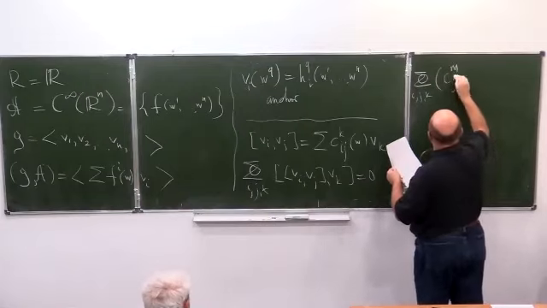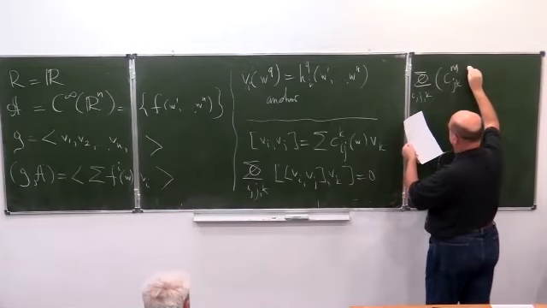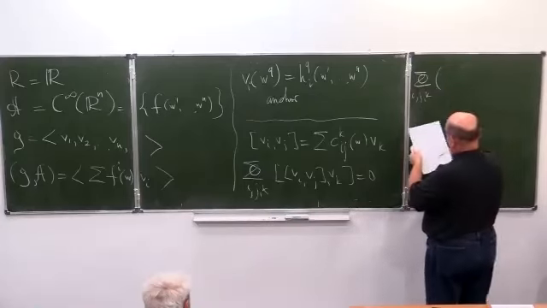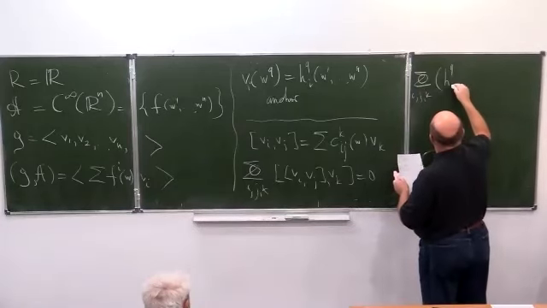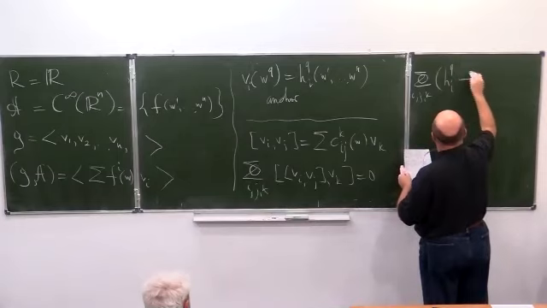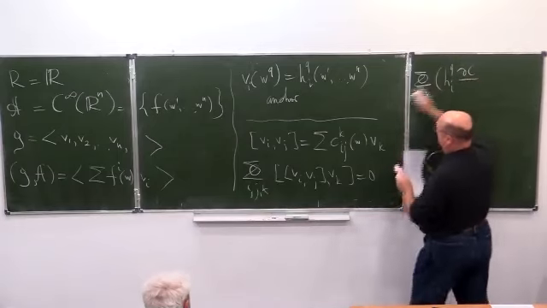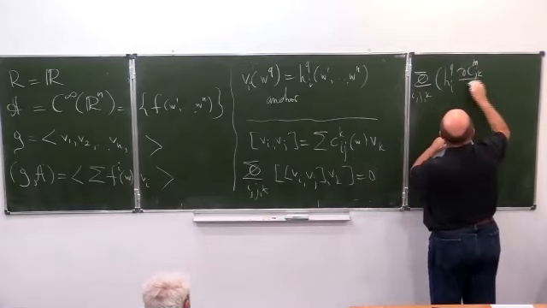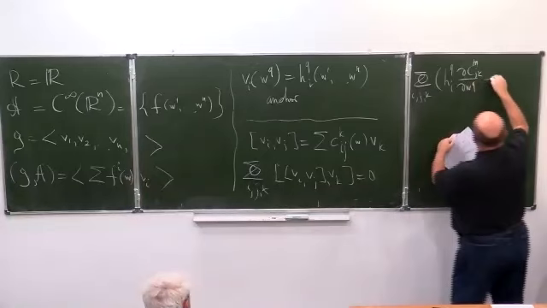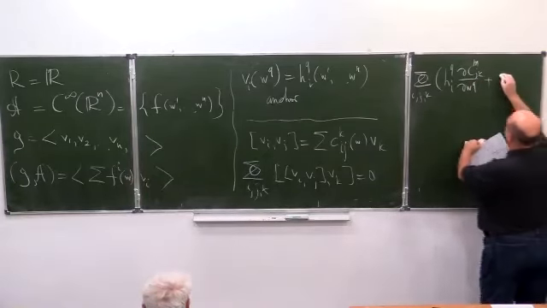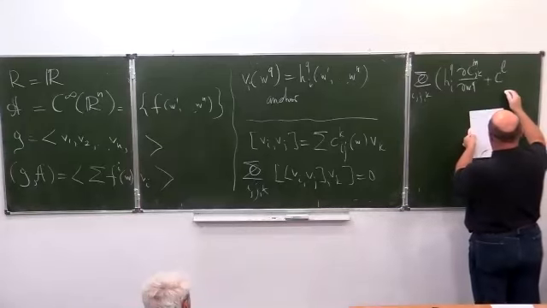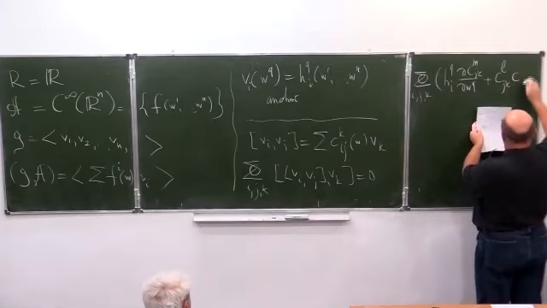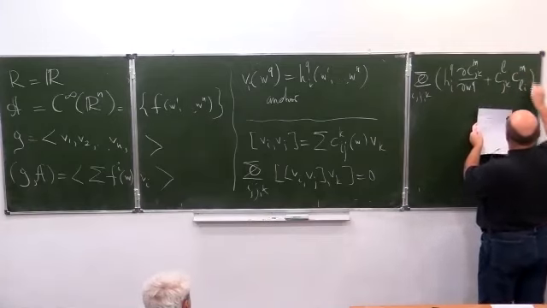GK multiplied by the partial, HQI multiplied by the partial derivative of the structure function CMJK with respect to WQ plus CLJK CMLI.